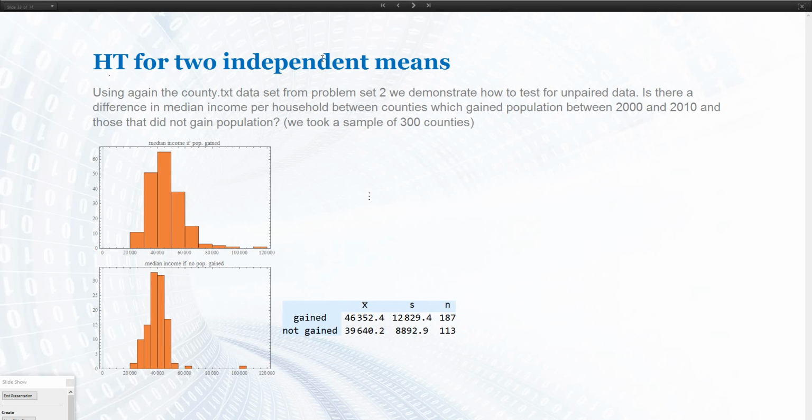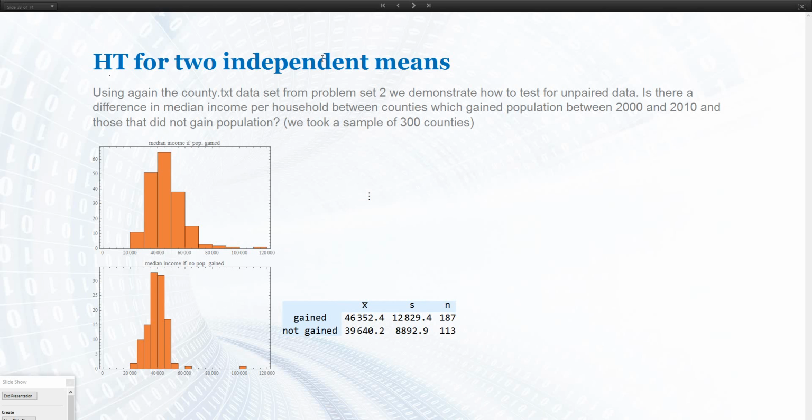You recall the data set county text from the second example or so, where we had statistics from US American counties, income statistics, population gain, and so on. And we were, in one part of the problem, splitting the data into county gained population and county didn't gain population.